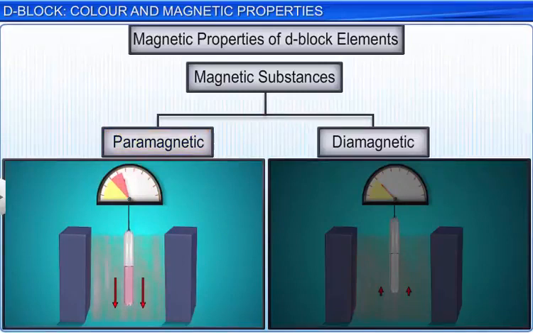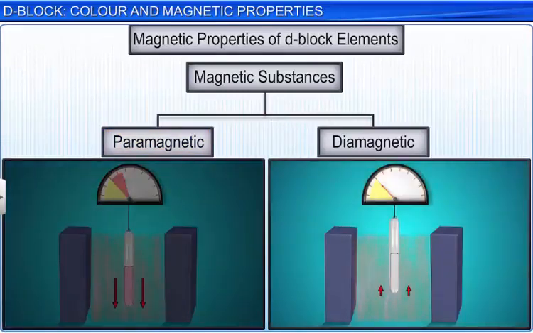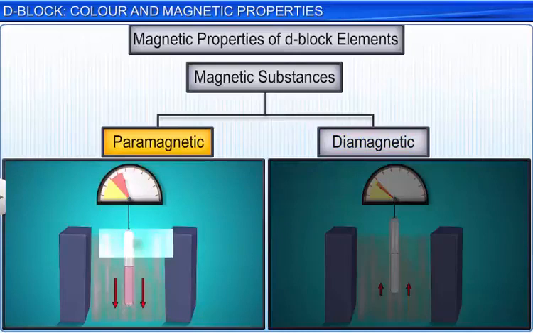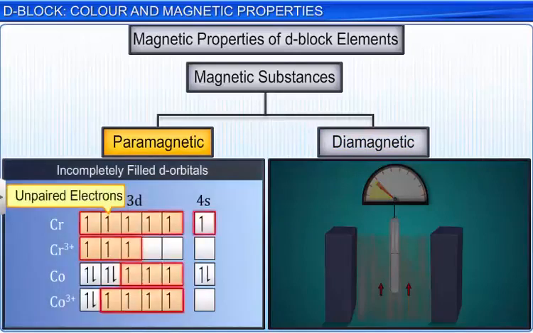Paramagnetic behavior is caused by the presence of unpaired electrons in the atom, ion, or molecule. Diamagnetic behavior is caused by the absence of unpaired electrons.